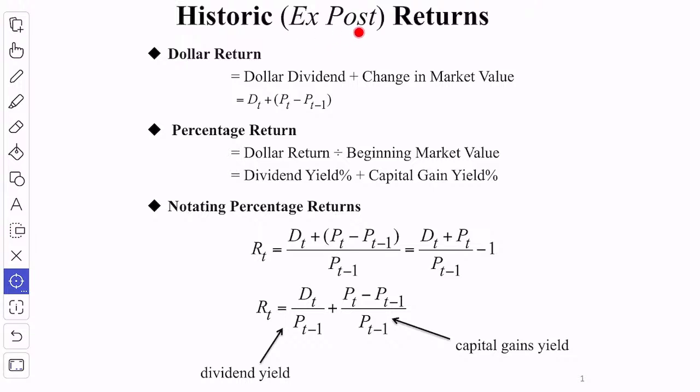I'm going to show you how to derive historic returns and leave the ex-ante stuff for future courses you might take. Okay. So when talking about stock returns, that's what I'm going to focus on. There's all kinds of returns, right? But we're going to focus on stock returns.